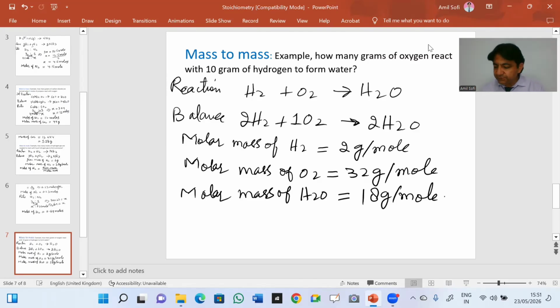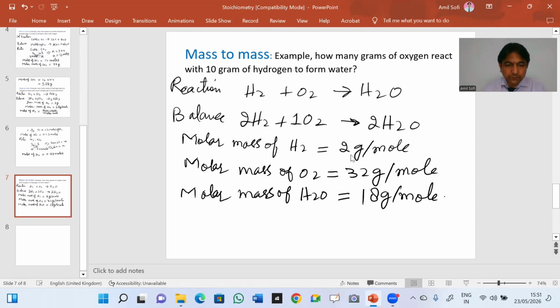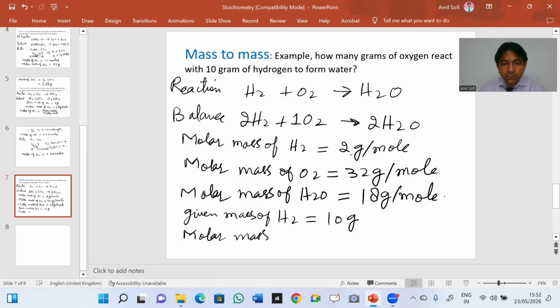So now let's find moles of hydrogen. I'll write here. Given mass of H2, that is 10 grams. Okay. Molar mass of H2, we have written that 2 grams per mole.